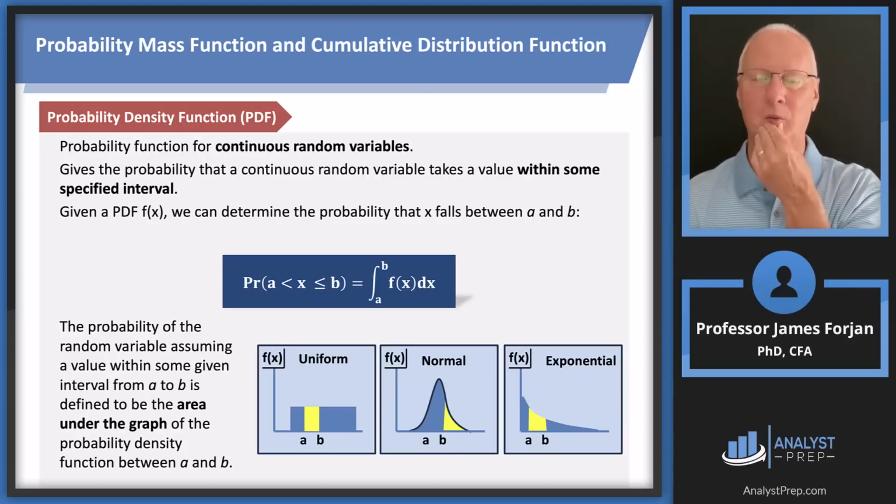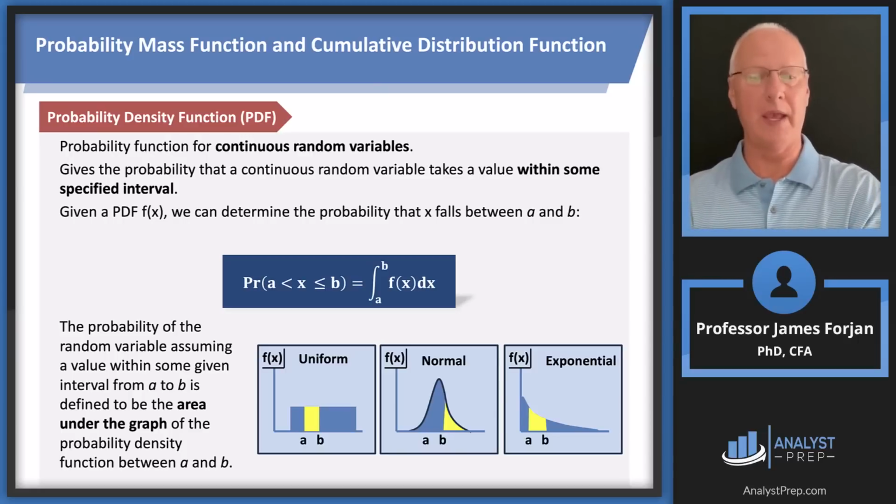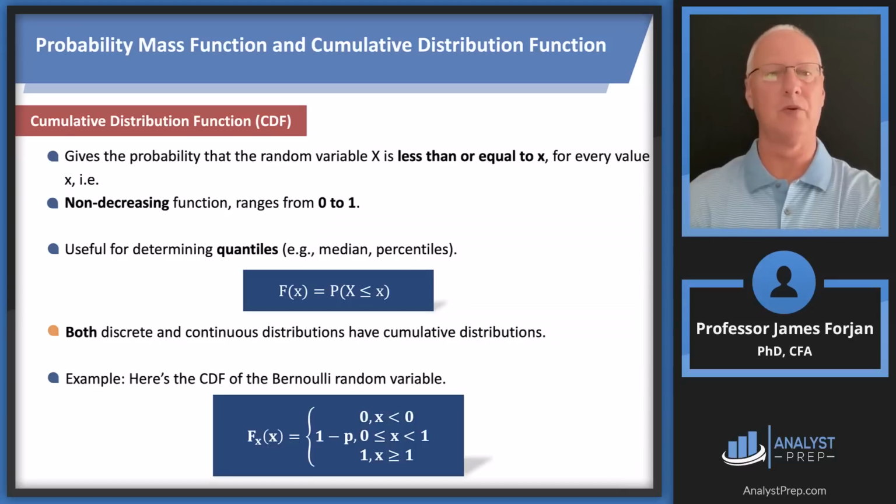So for the normal distribution, we can define a range, and that range could be almost anything that we want it to be. And you can do this for the uniform and the exponential distributions as well.